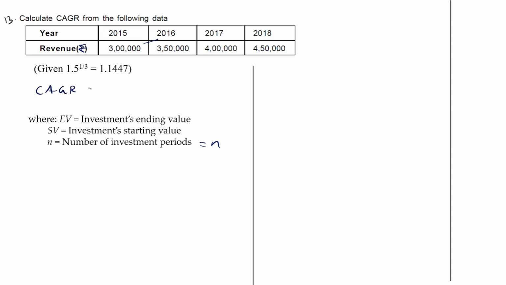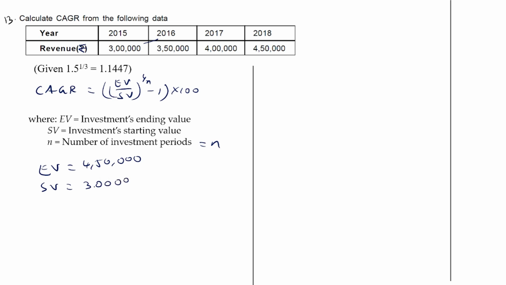Compound annual growth rate is ending value upon starting value, the whole raised to 1 by n minus 1 into 100. So here ending value is 4,50,000. Starting value is 3 lakhs. And n is equal to 3.